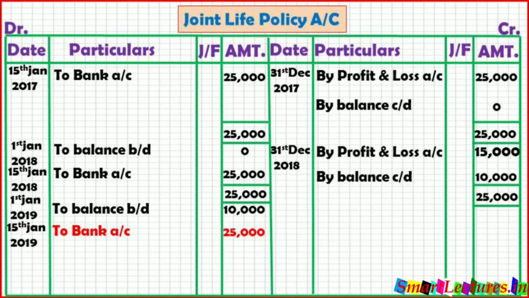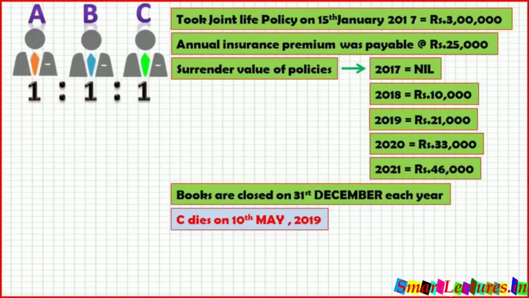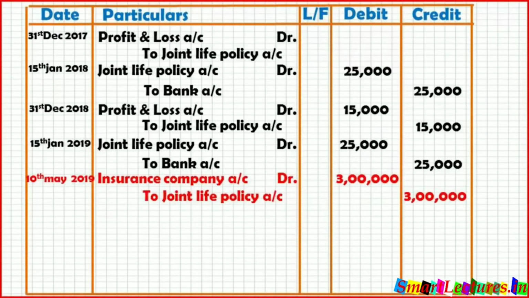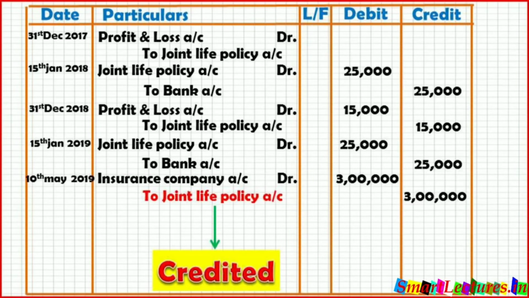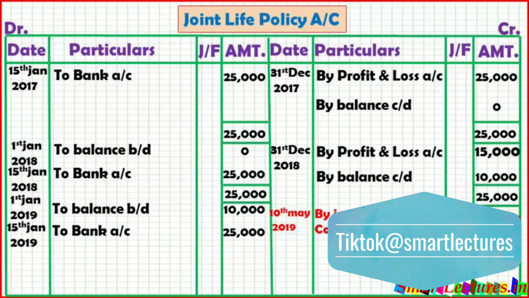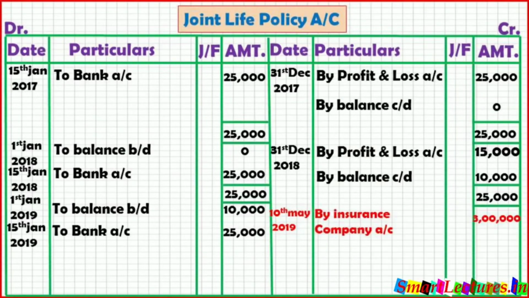But before we reach the closing, on 10th of May C died. So this account will be closed on the day of death. And the journal entry was insurance company account debit to joint life policy, meaning the joint life policy account was credited. So on the credit side on 10th of May 2019 by insurance company 300,000.